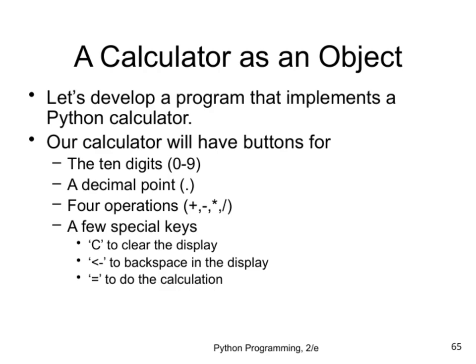In addition, there are a few special keys to improve usability. The C key will clear the display, giving us a fresh start for new calculations. The backspace key lets us correct input mistakes without starting over. And of course, the equals key will execute the calculation based on the input we've entered.